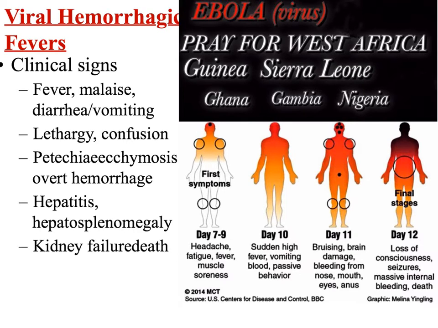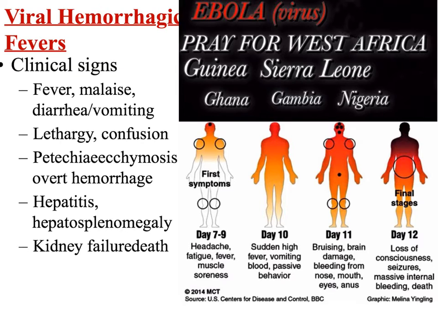So the clinical signs of hemorrhagic fever are listed here, and I wanted to put this schematic in. It's kind of a multi-part picture here, but the top part was put out by the BBC, and the bottom part, the diagram, was adapted from the Centers for Disease Control by Melina Yingling, and it's pretty nice in that it gives you kind of a body-wide view of what's going on and what clinical signs appear when in the process of hemorrhagic fever.